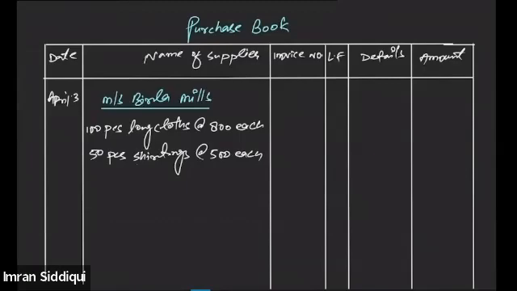Now multiply 800 into 100, we'll get 80,000. Then 500 into 50 will be 25,000, right? So the total value of purchases will be 1,05,000.